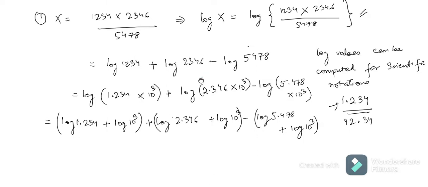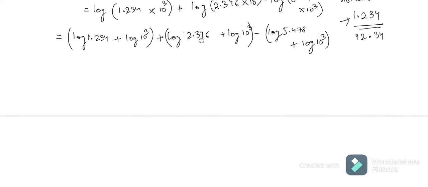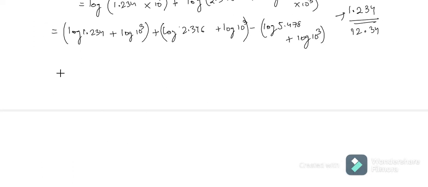Now see, if we are writing the logarithm of a to the power b, then it will be b times log a, right? So here it will be log 1.234 plus 3 times log 10, and log 10 is actually 1.